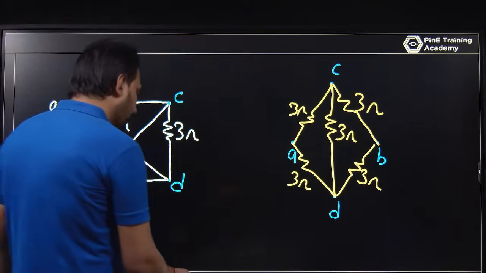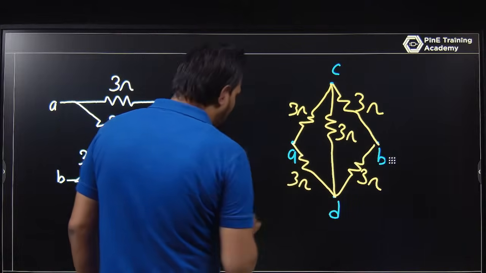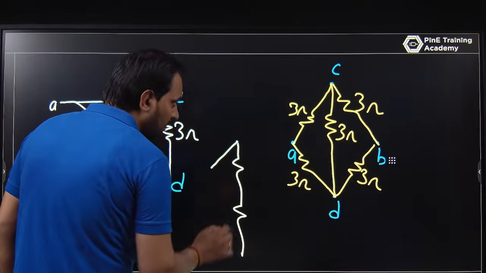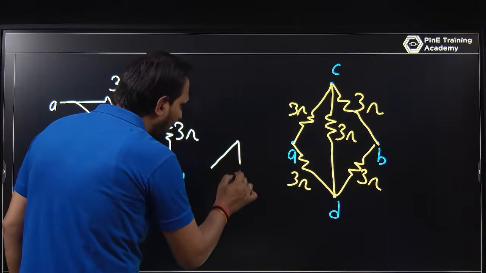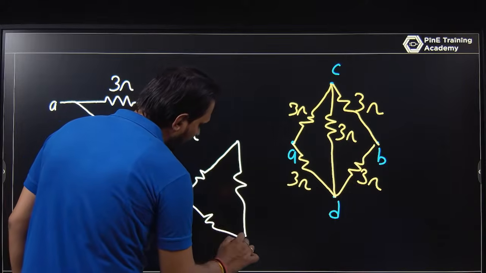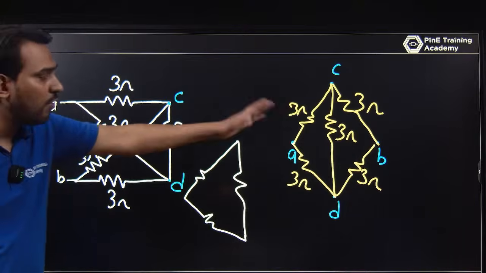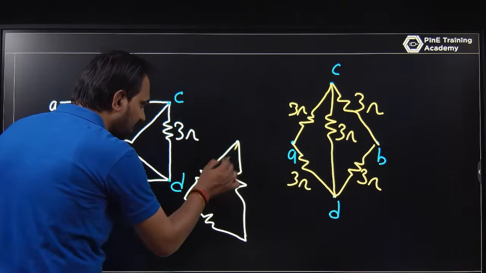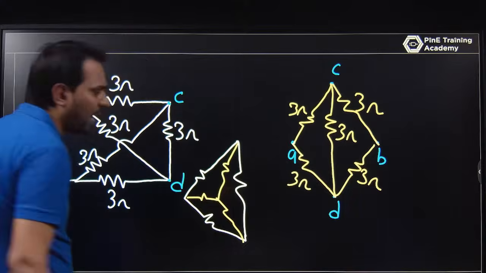How? Just I am converting that, okay, this is delta, and if you have a delta like this, how can you convert it into star? Just convert it in this way, or this way. This is star.